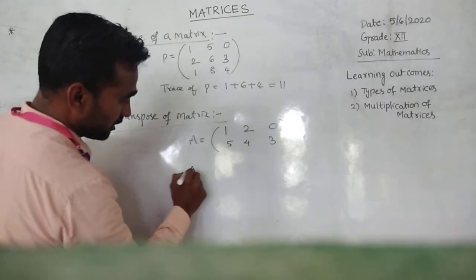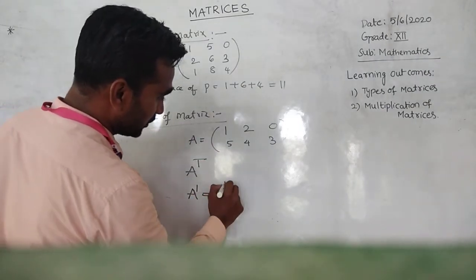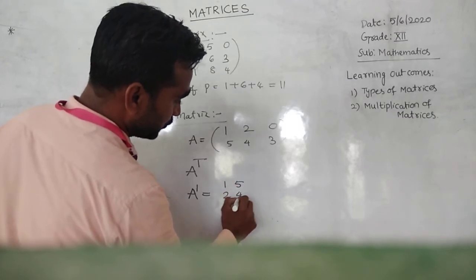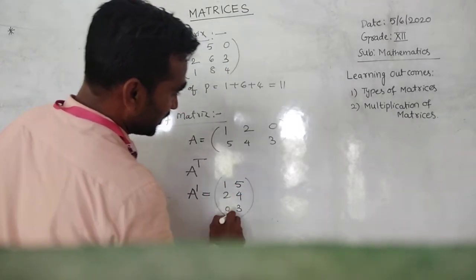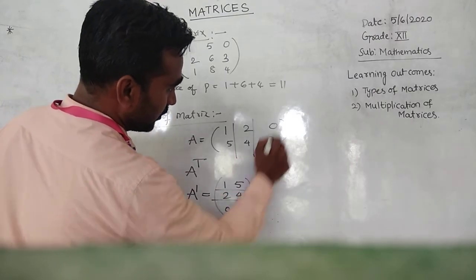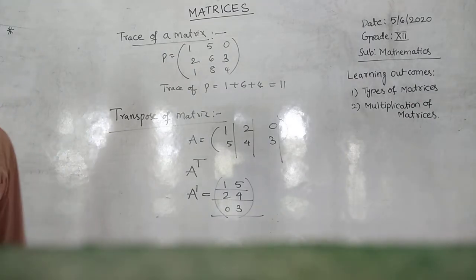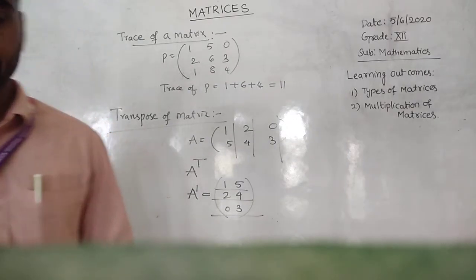Then the transpose of the matrix A is denoted by A power T or A dash. A dash is [1, 5; 2, 4; 0, 3]. The first column becomes the first row, the second column becomes the second row, and the third column becomes the third row. So this is known as the transpose of the matrix A.